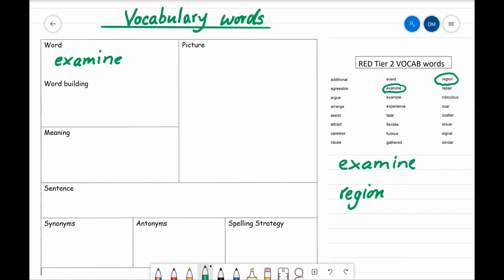Examine and region, and we're going to do examine now as an example over in our table on the left hand side. So examine, the meaning of it. Well, to start off with, it's a verb, it's a doing word.